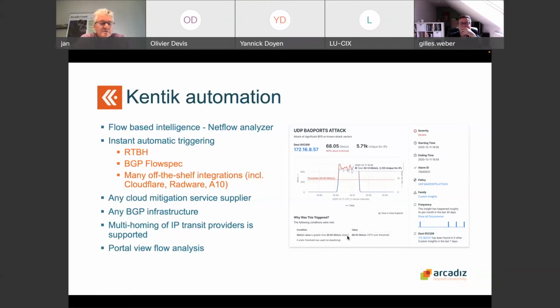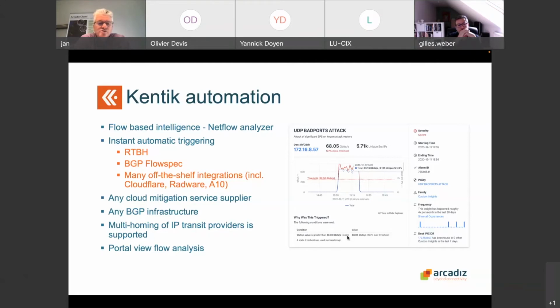These include services like Cloudflare, Radware, but Arcadiz also made automation for Akamai services and for F5 services. So there are a lot of possible integrations here. What can we do also? We can do it from any cloud mitigation service supplier, on any BGP infrastructure.